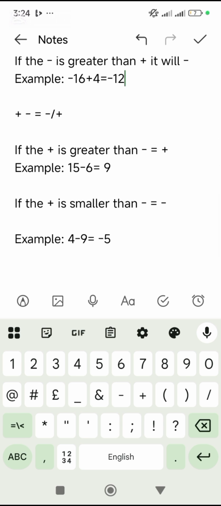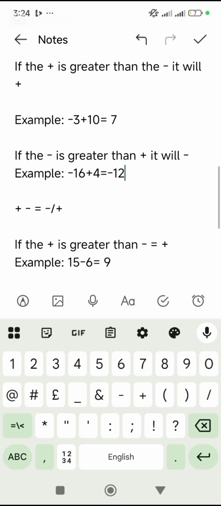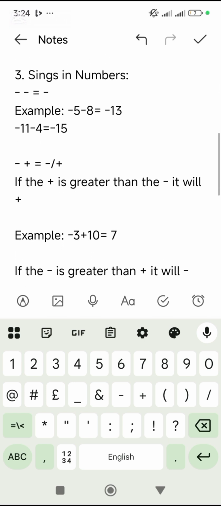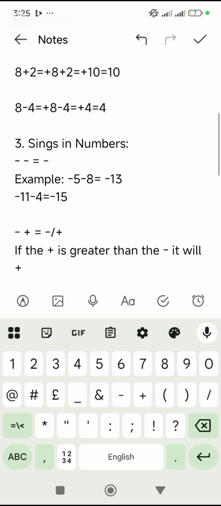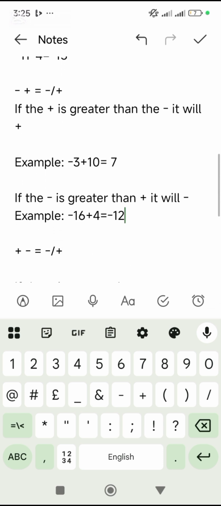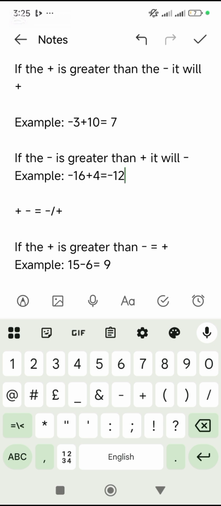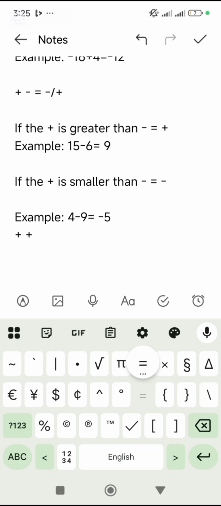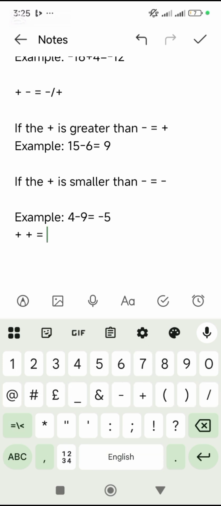And which other case haven't we seen? Plus plus, right? We've seen minus minus, which is number 1, minus plus, which is number 2, plus minus, which is number 3, and then number 4, this one is easy, plus plus, it will be equal to plus.